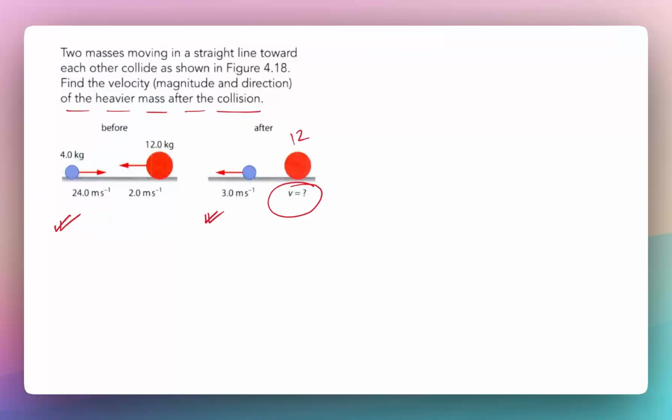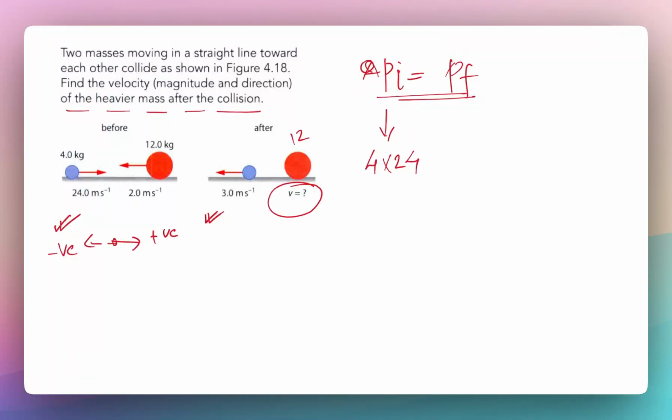Again, the momentum of the system initial will be equal to the momentum of the system final. Let's take the right side as positive and the left side as negative, and write down the initial momentum. For the initial momentum, 4 kg into 24 towards right, so that's 4 kg into 24, plus 12 kg into 2 towards left, which comes with a minus sign, 12 into 2.